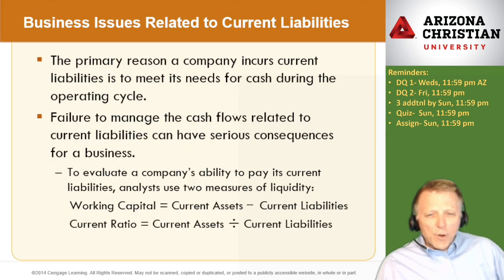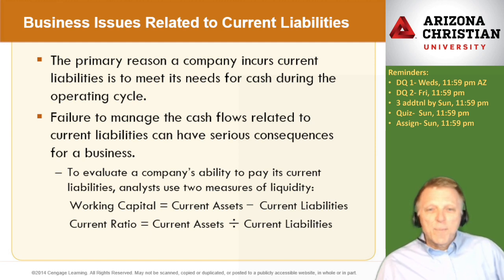We're going to switch back to current liabilities for a moment and have that discussion. We have to remember why current liabilities exist. The primary reason that a company incurs current liabilities is to meet its needs for cash during the operating cycle.